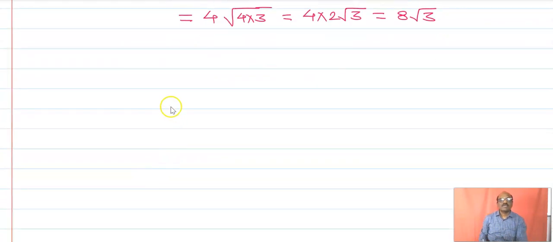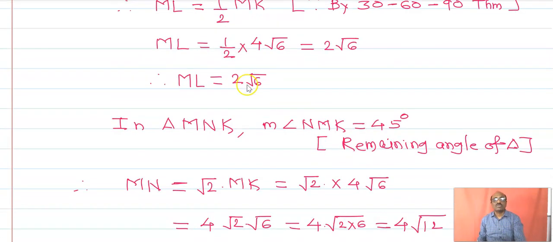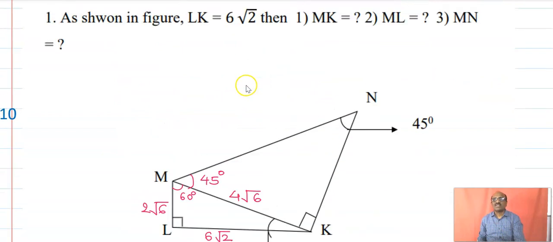And hence MN is equal to 8 root 3. Okay, these are the sides.